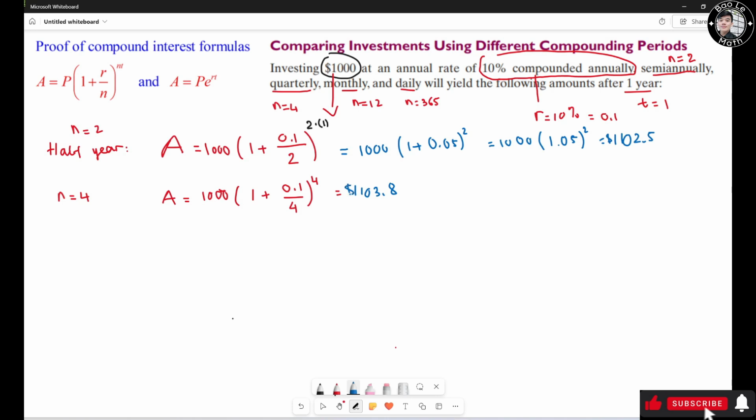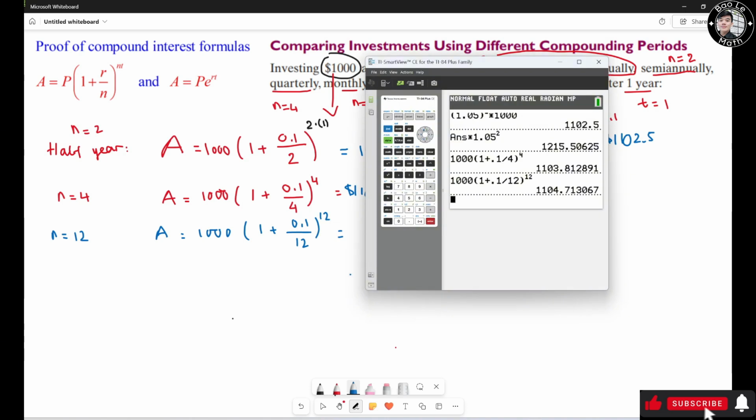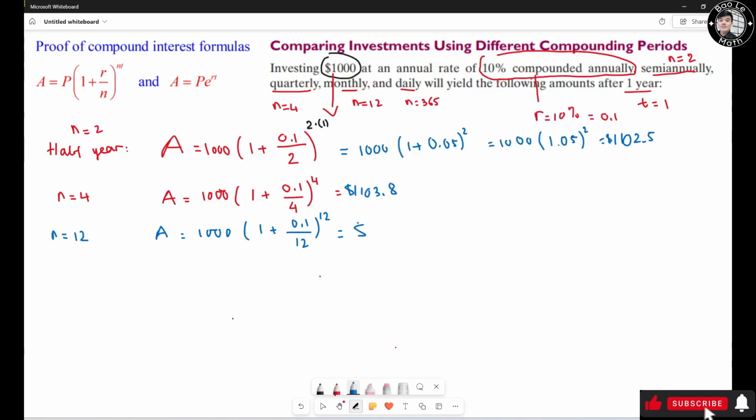Next one, monthly, which means n equals 12. So a equals 1000 times 1 plus 0.1 divided by 12, raised to the 12. The answer is 1104.7. Now the last one, daily, which means n equals 365.